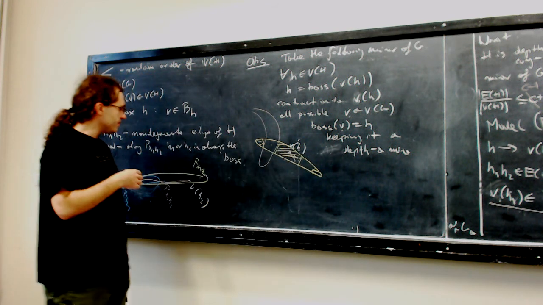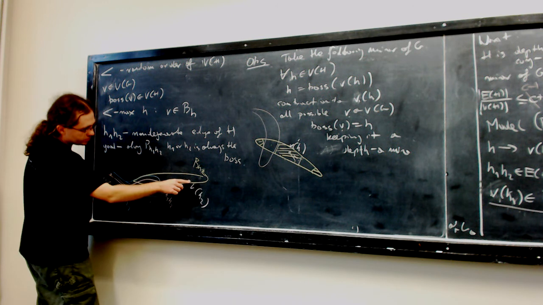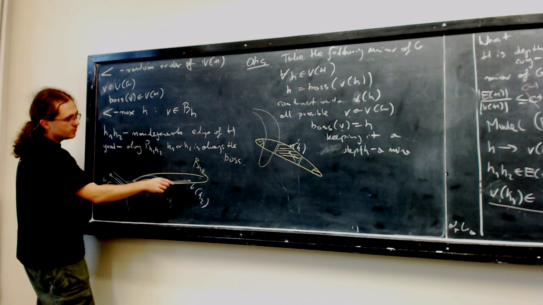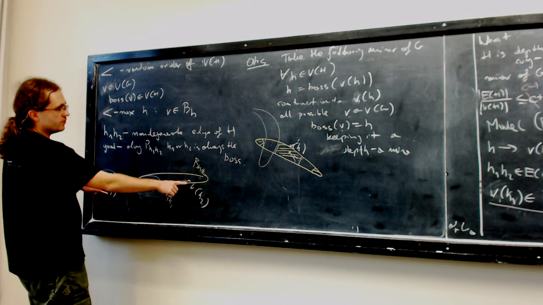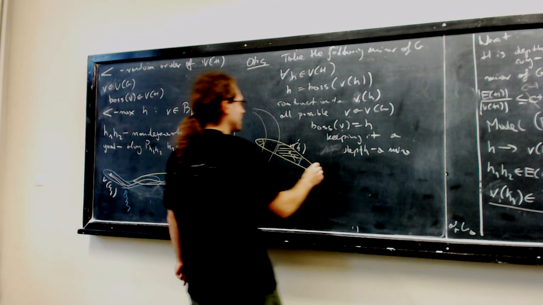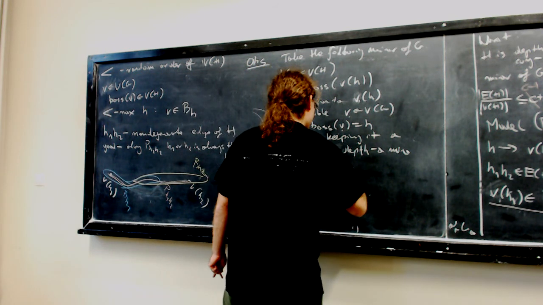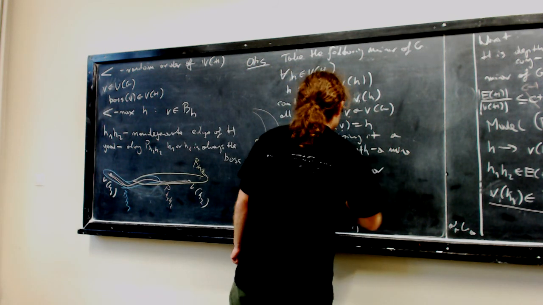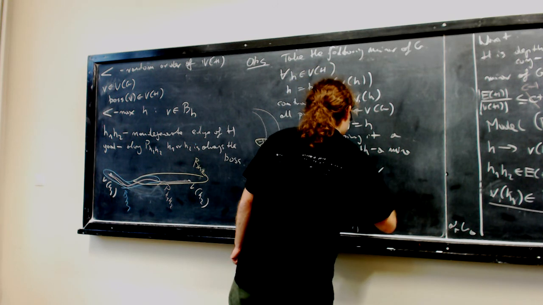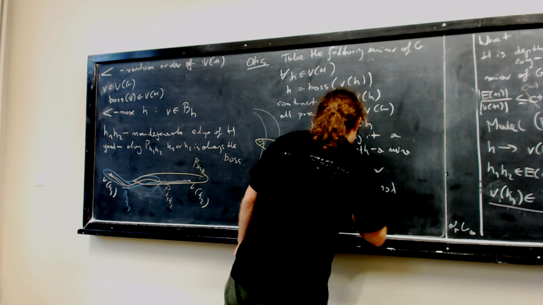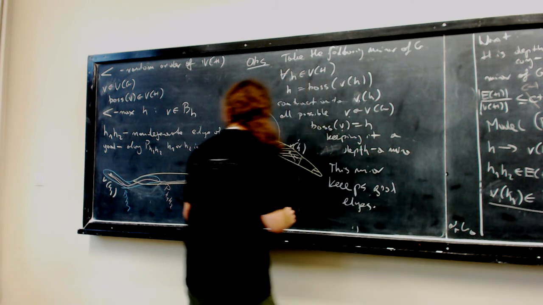But the important thing I want to say is that I will contract this part. What I want to say here is that this minor keeps good edges. Let's look at this picture.